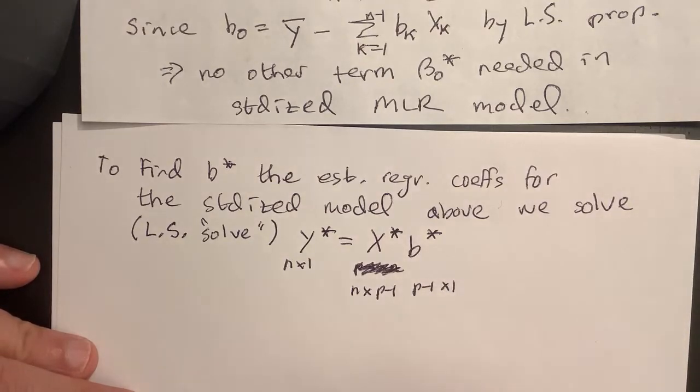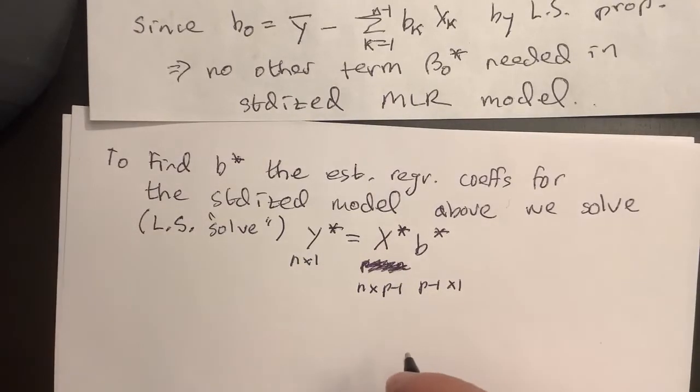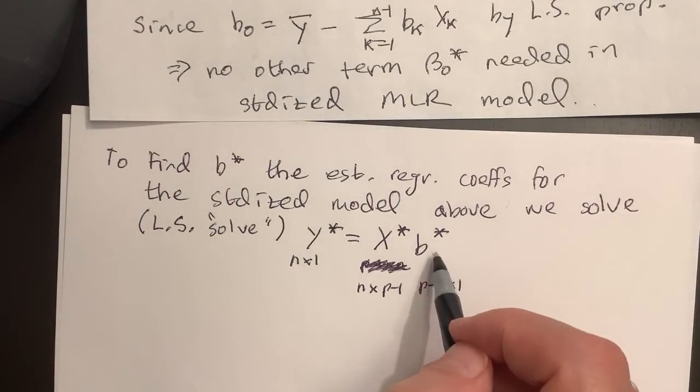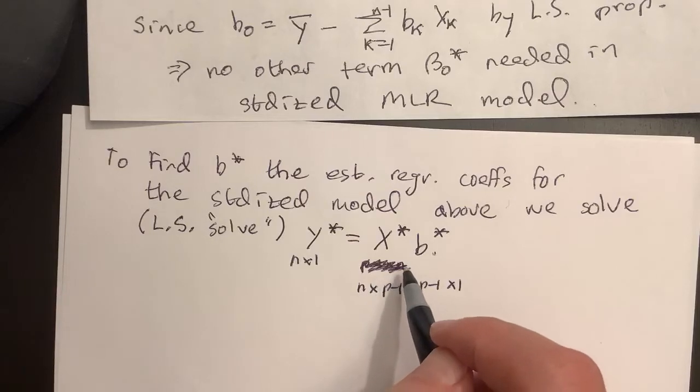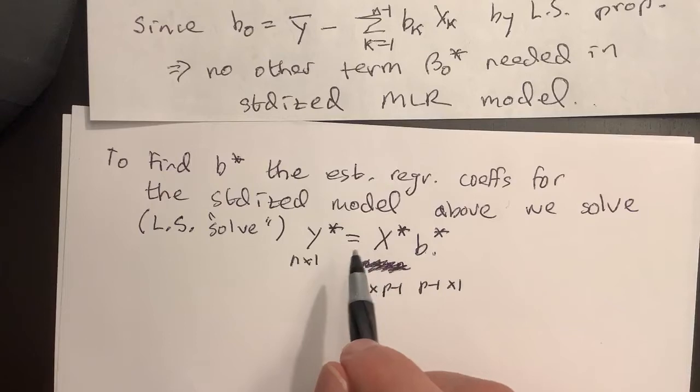Okay, right, just like before. So we solve this, we find the least squares solution, little b, that solves this. Proceeding exactly as before.